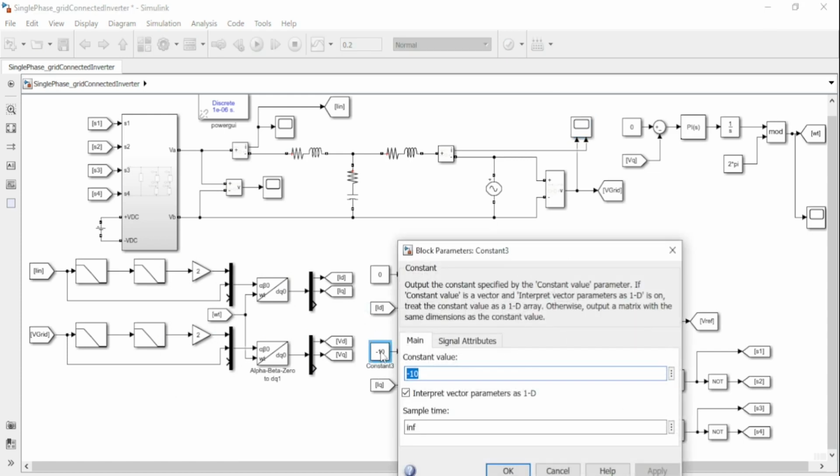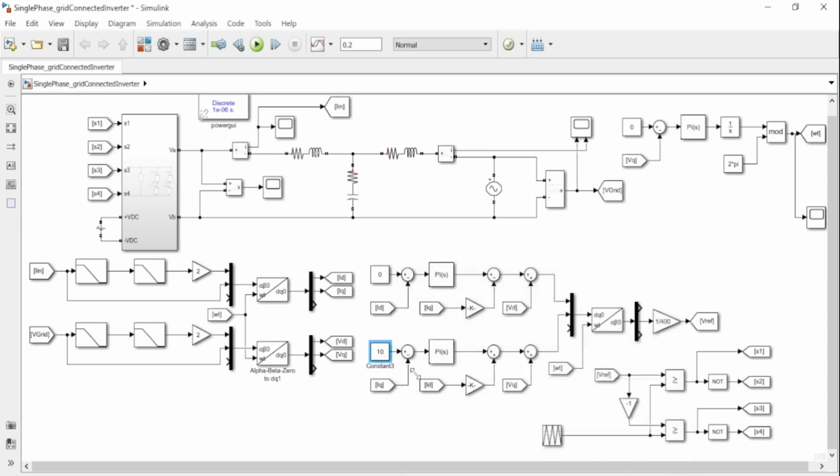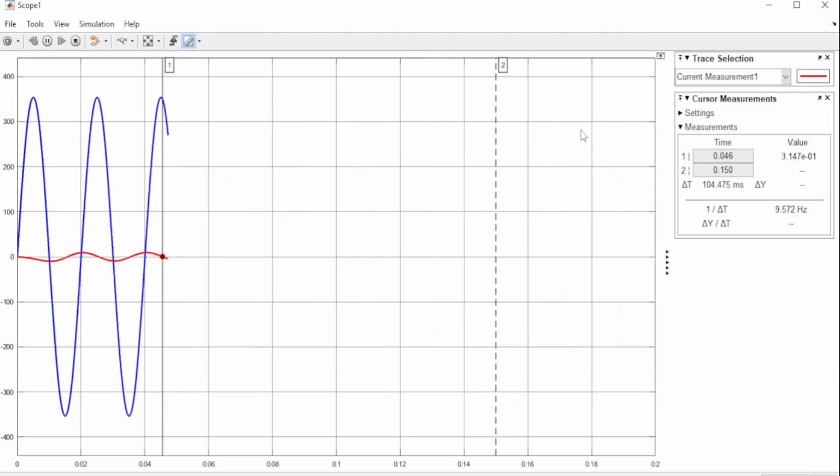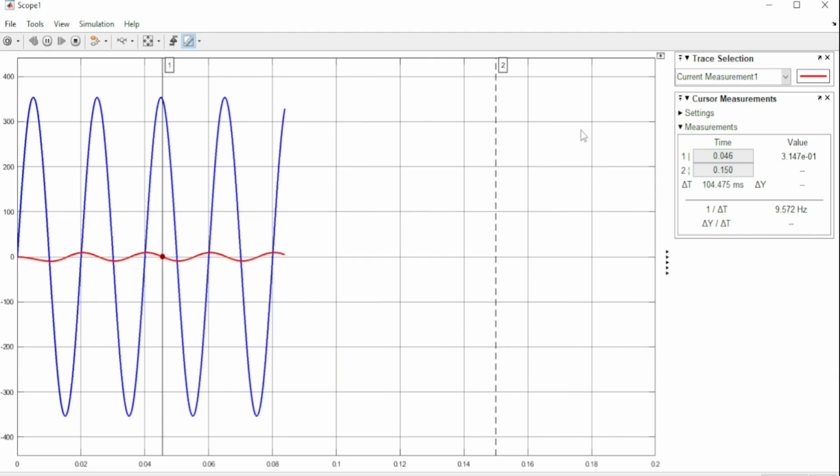And if we set it to +10, we see that the current lags the voltage by 90 degrees.